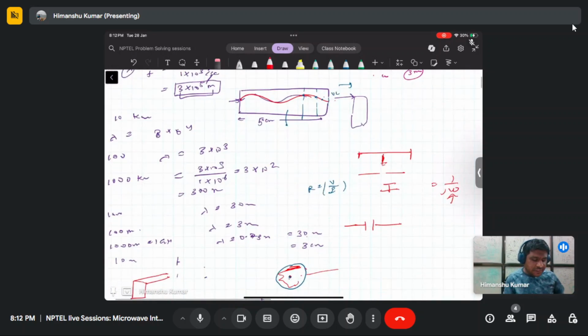Okay, so actually, see, if your wavelength is very large compared to your transmission line or your wire length, then this periodic variation of voltage and current is not there.